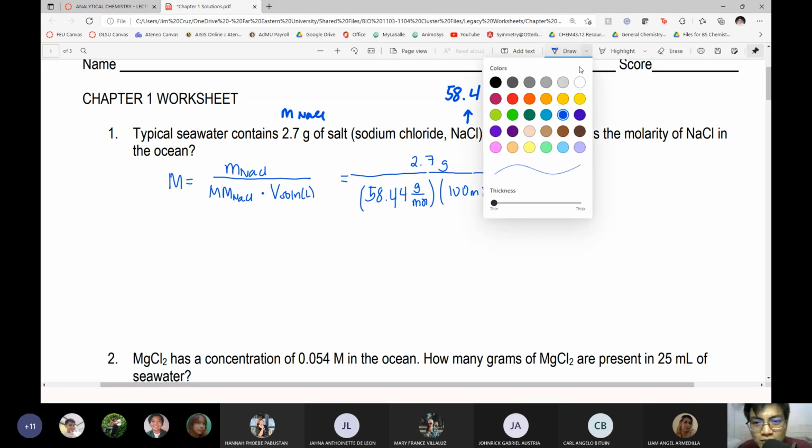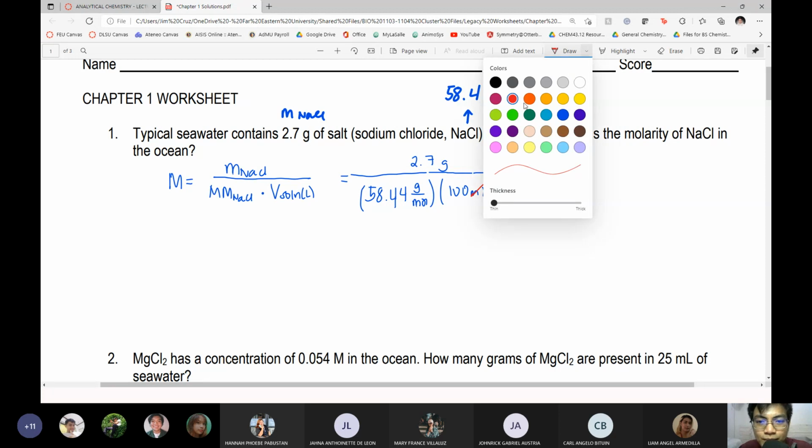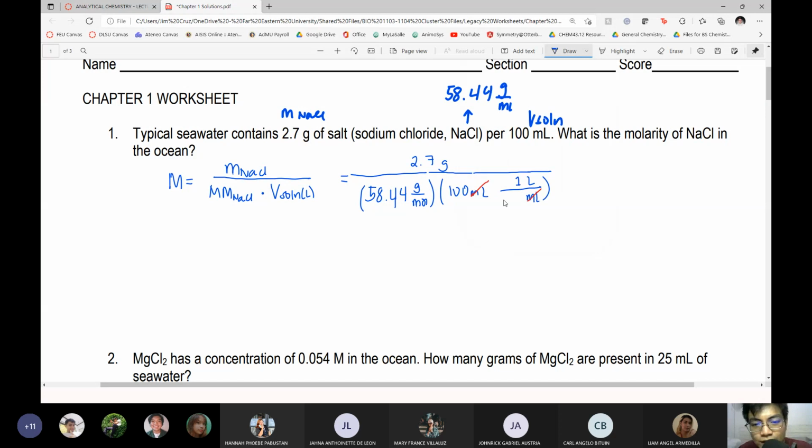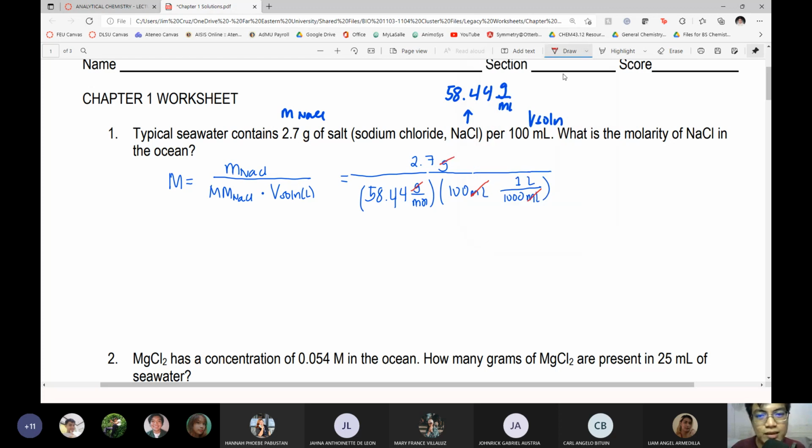Bakit nasa baba yung ml? Kasi para mag-cancel out ang units. Ayan, cancel. Then 1 liter equals 1,000 ml. Hindi lang naman yung ml ang magka-cancel, no? Even the grams will cancel out as well.